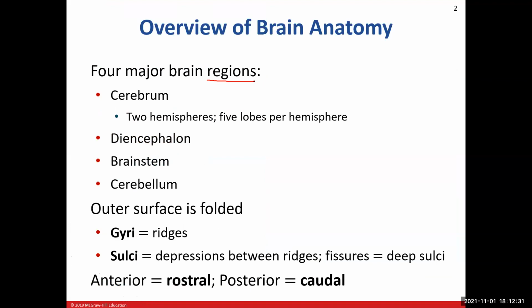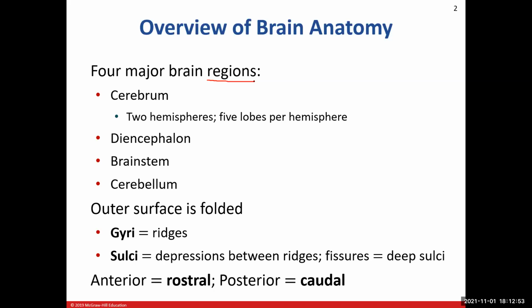And when you're looking at a brain, you probably can't help but notice that you have all these folds and these ridges and these depressions. So we give those names. The folds, the ridges, those are gyri. Gyri is the plural form. If you're talking about one singular one, you'd refer to it as a gyrus.